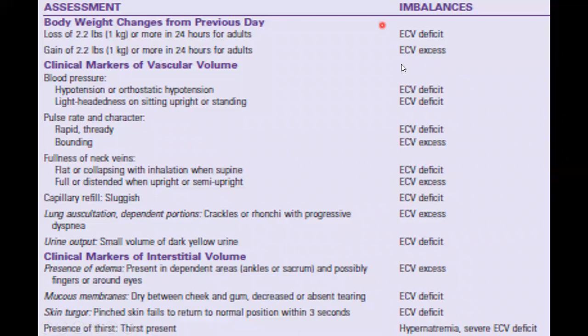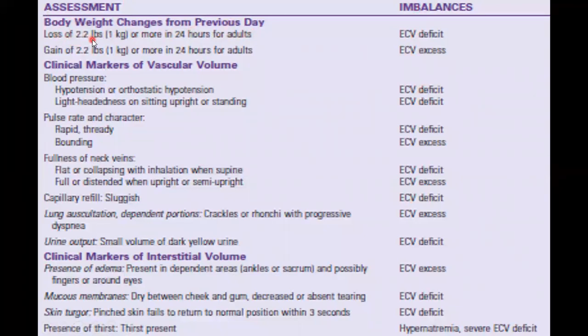So the table that is before you here is basically telling you the assessment finding and the possible fluid imbalance. So, for example here, body weight changes from previous day.